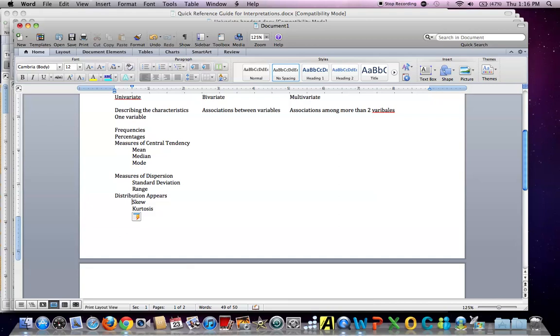All right, and then for bivariate analysis, we'll be looking at what's referred to as measures of association. And particularly for those measures of association, we'll be focused on the lambda, the gamma, and your Pearson's R. All right.